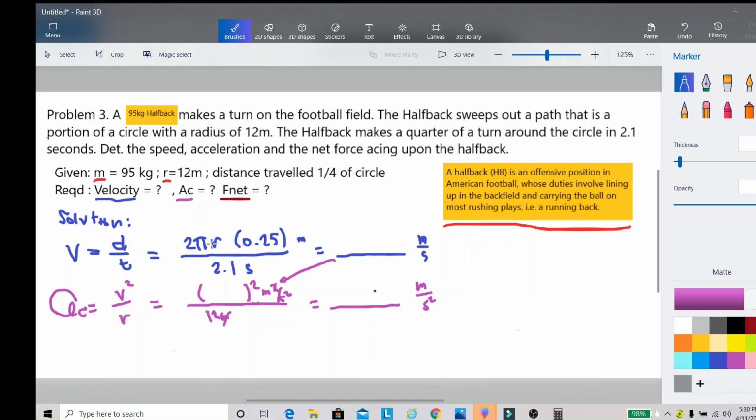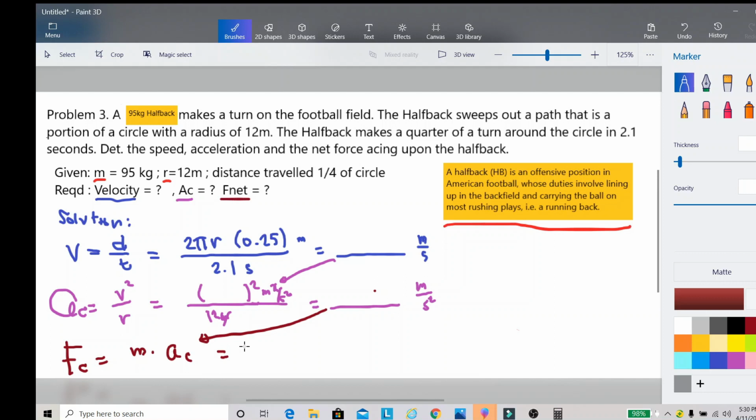And then we have the F net. The problem doesn't state any influence of friction, so the F net will just be equal to the centripetal force. We neglect the friction, so that will be equal to the mass multiplied by the centripetal acceleration. Whatever is the value of this one will go here.